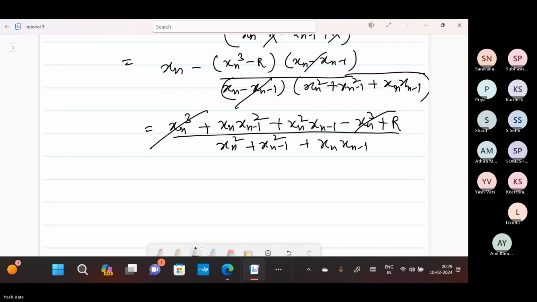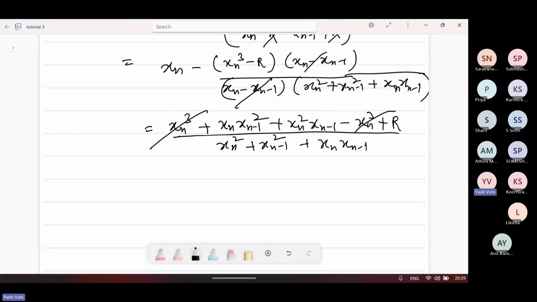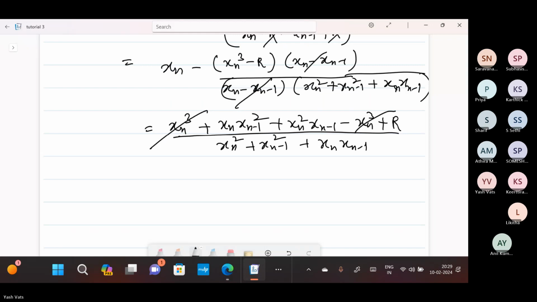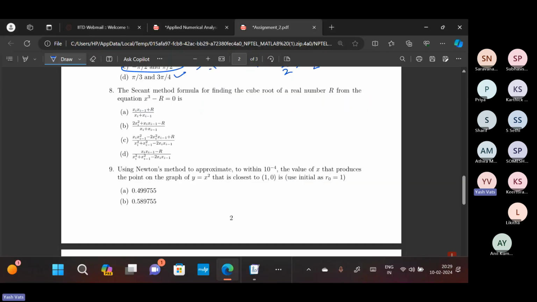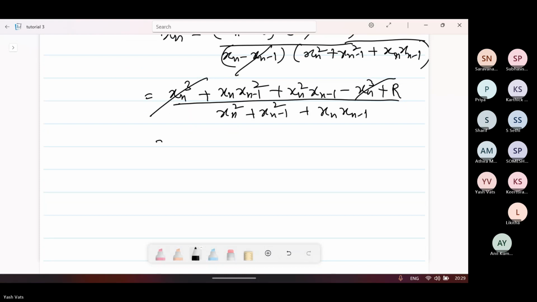Plus R. Why are they written 2? Okay, I think we have to simplify it more. This is xn, xn minus 1. You can take out the common factor. So the answer should be this, xn.